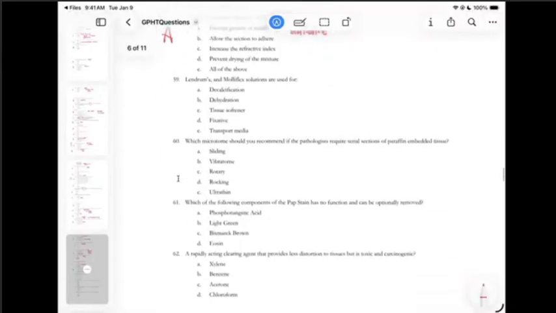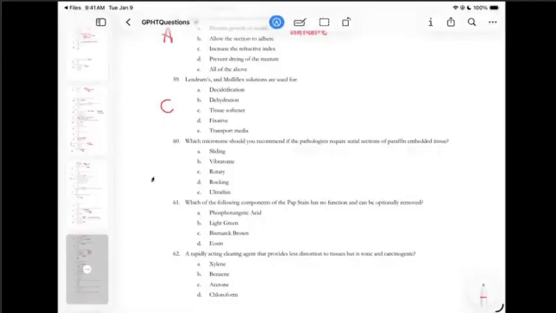Number 59. Lendrams and Moliflex, these are solutions for hard tissues. Pag may hard tissues, kailangan ng tissue softener. The tissue softener would be useful for hard tissues, and you do this during dehydration.